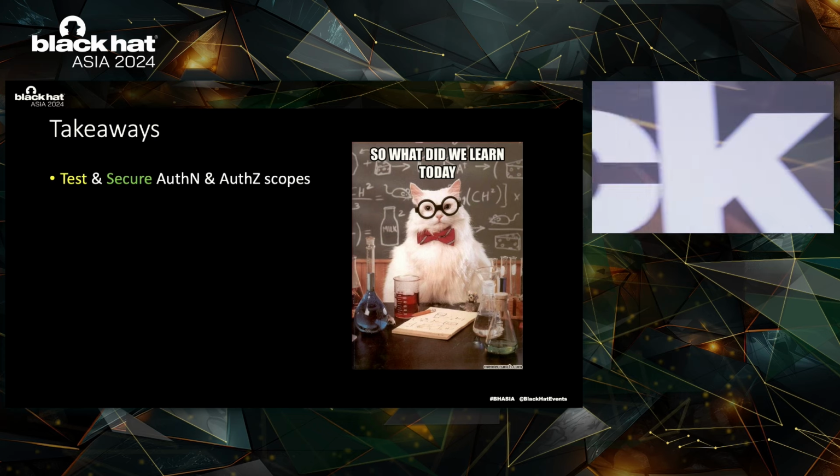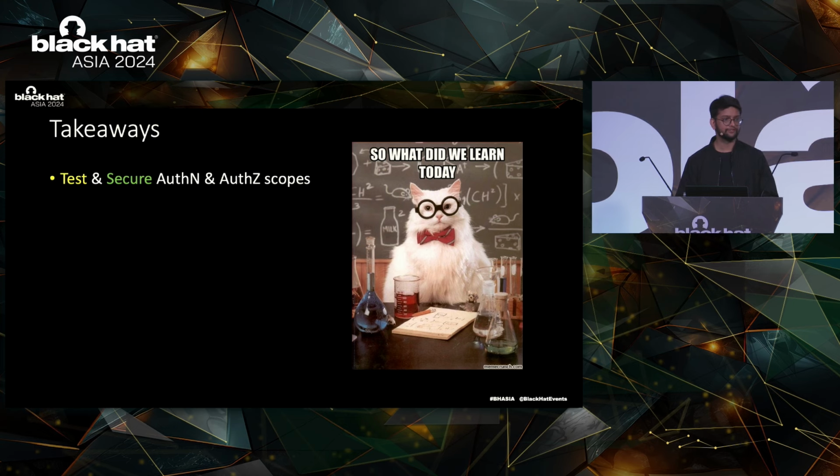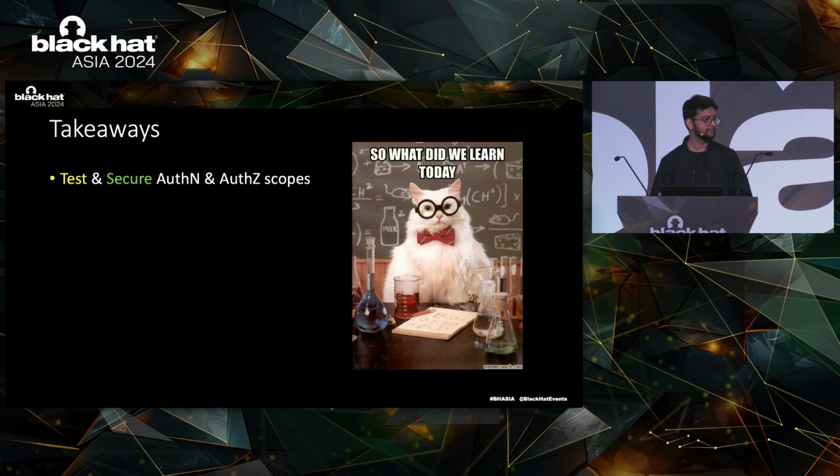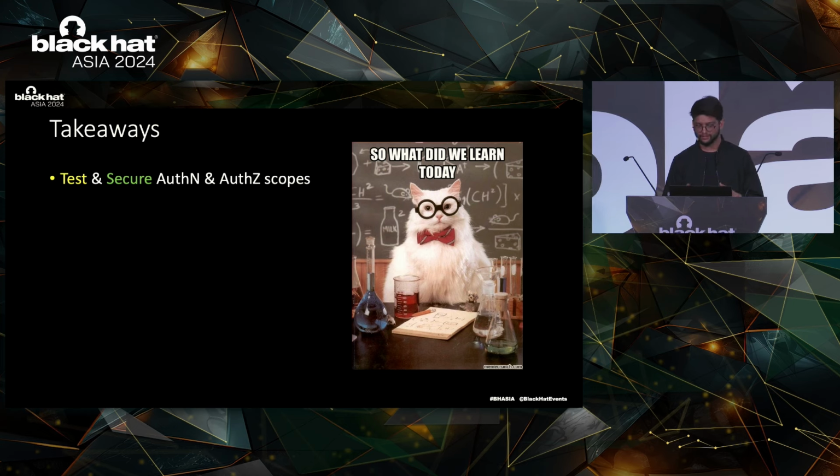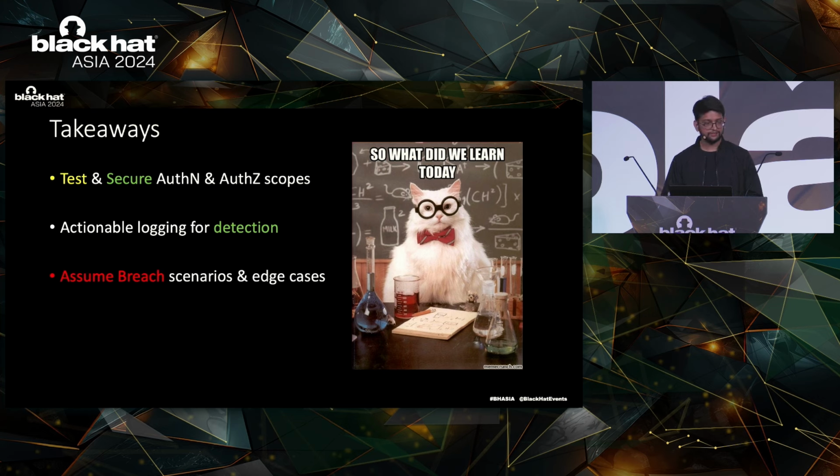It's very important to test and secure your authentication and authorization scopes, from where you can use this certificate-based authentication to work. Definitely, if we had actionable logging, then we could have detected such things, and you could have been much more secure. Such an assumed breach approach can lead to such security findings as well, and they would be really hard to detect. And obviously, challenge official documentation, and don't forget to call Azure support.